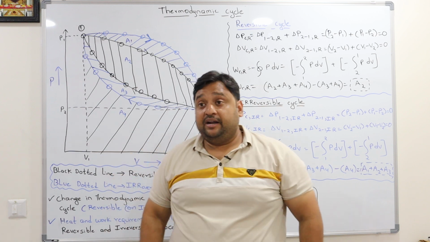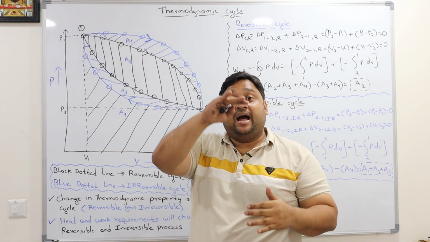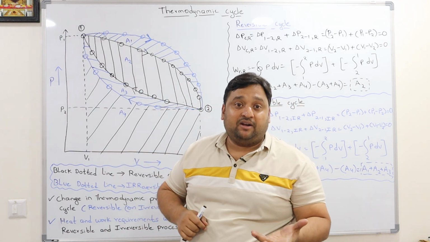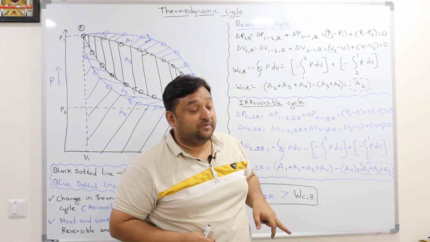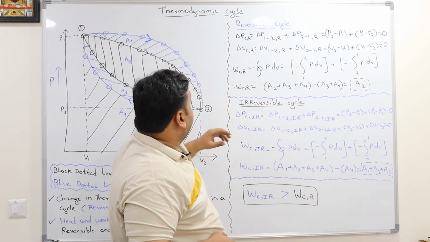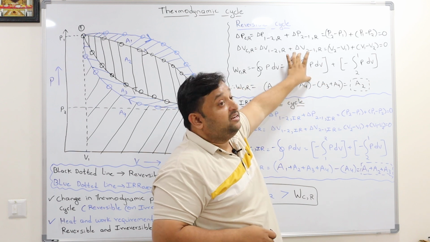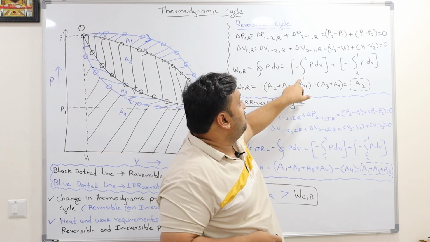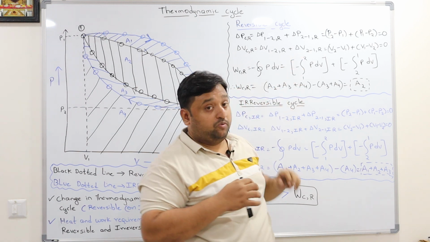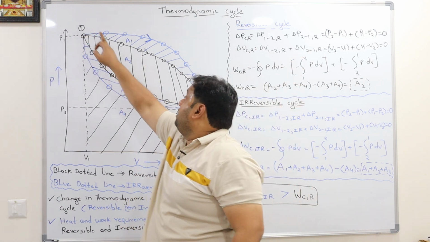As you know, the area under the PV curve is nothing but the integral value. Minus integral 1 to 2 of P dV means the area under the curve for the system going from state 1 to 2.